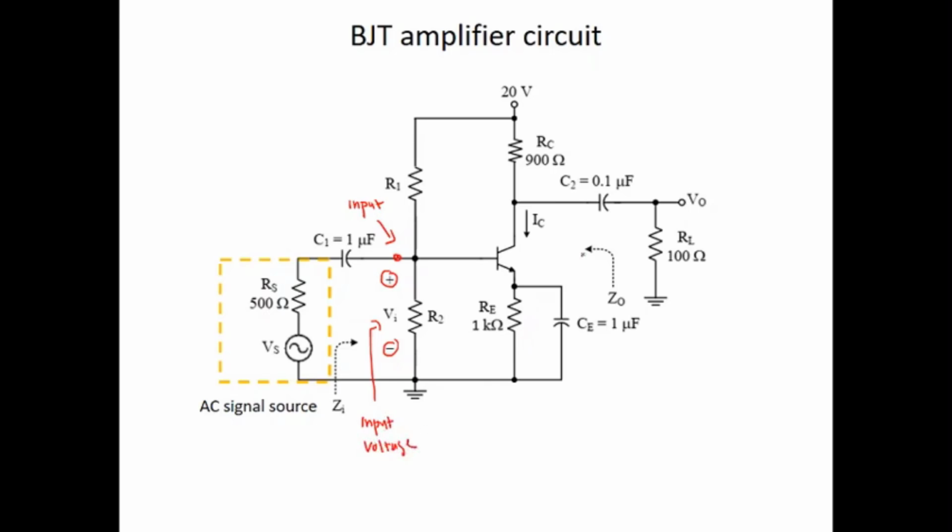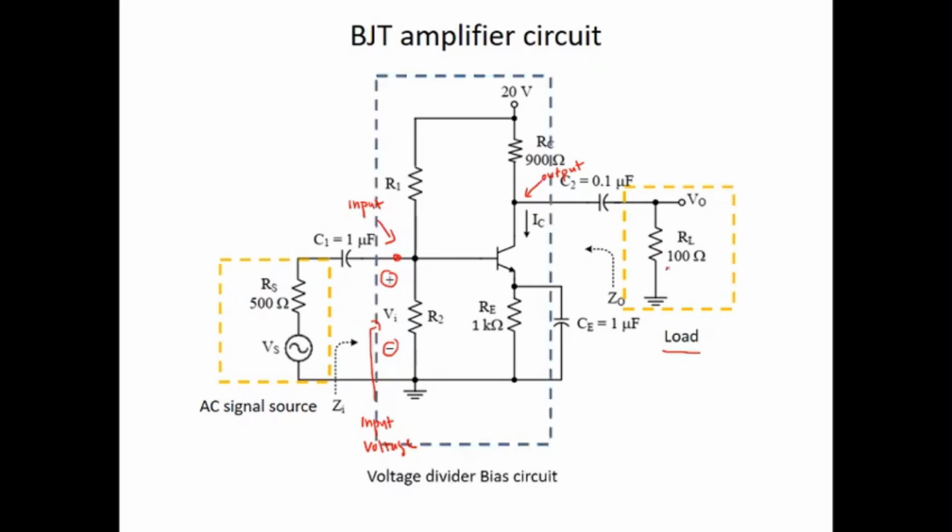Then the output point of the amplifier circuit is here, and the output point is connected to what we call a load. The output signal will be measured across RL.